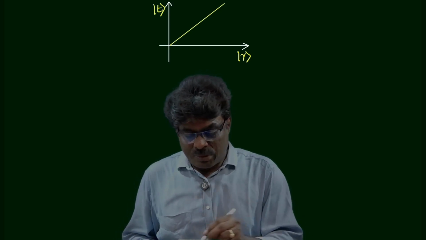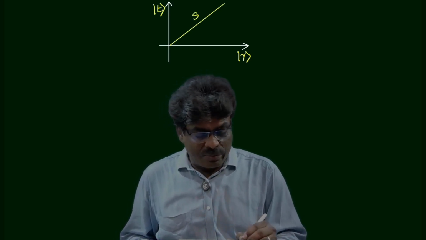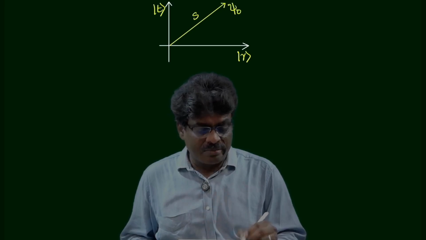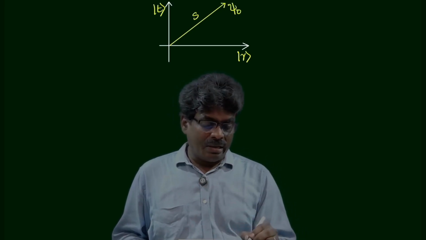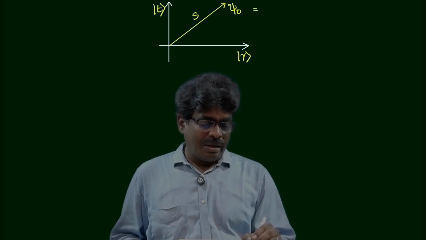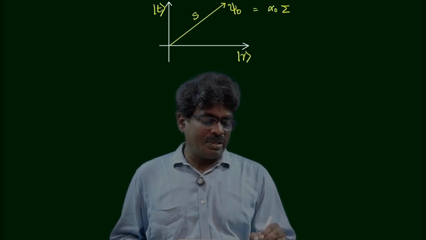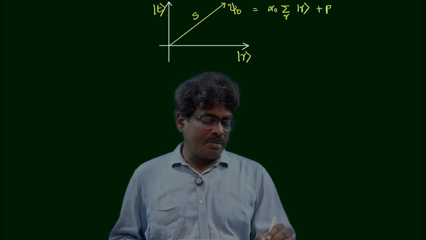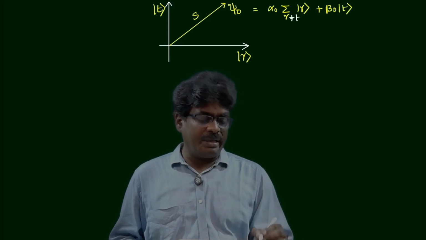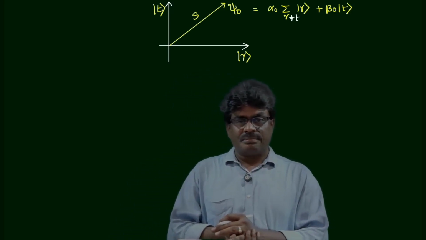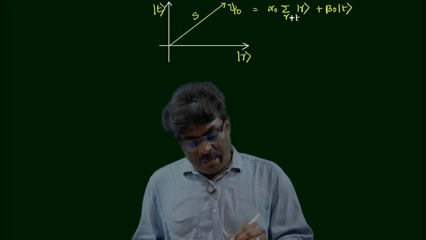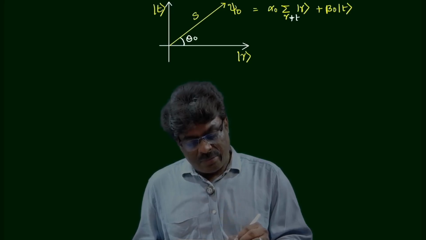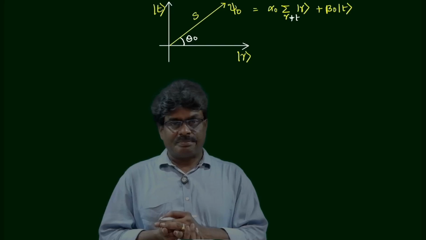This is the superposition state, and of course this is nothing but psi naught. So what is psi naught? Alpha naught summation over R for remaining, plus beta naught T for target, where R is definitely not equal to T. Let us suppose it is making some angle theta naught, which indicates the slope.